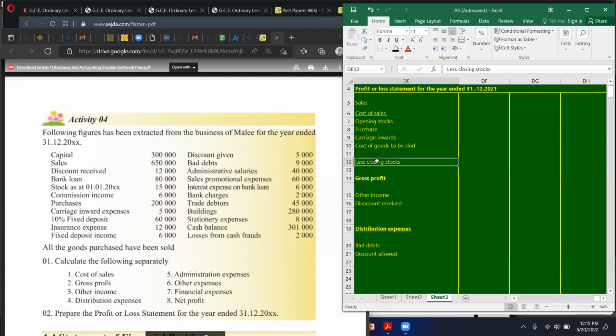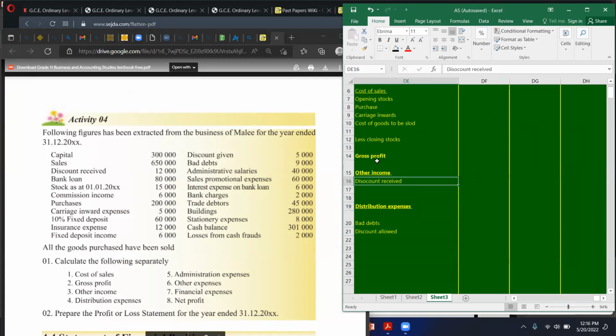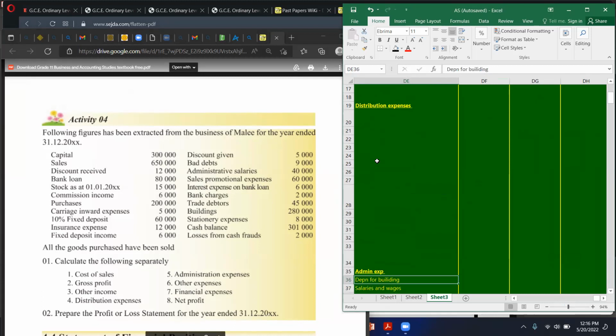Then less closing stocks, gross profit, other income, distribution expenses, leave some space, admin expenses, leave some space, finance expenses, net profit transfer to the capital.